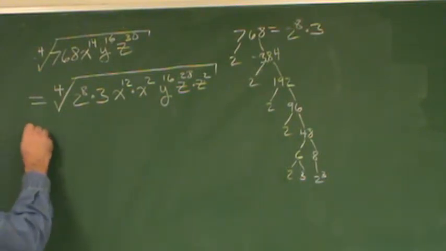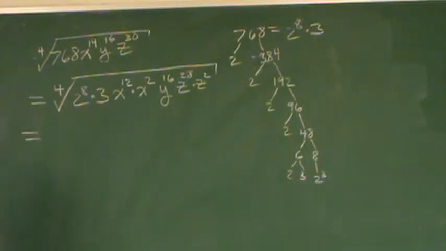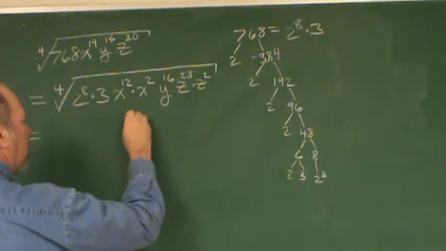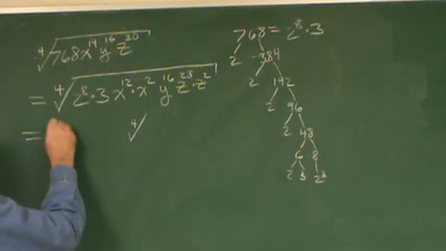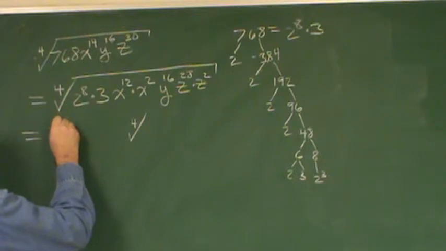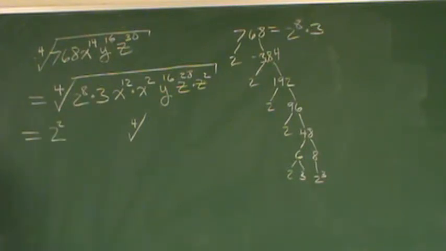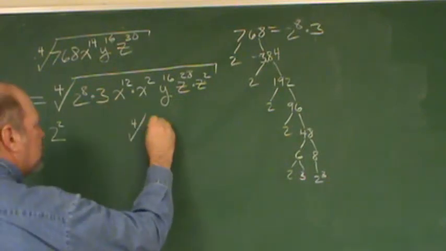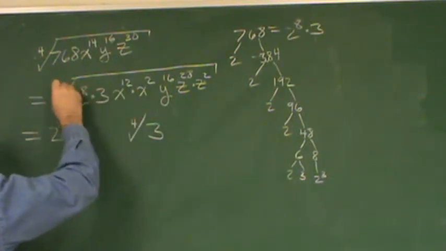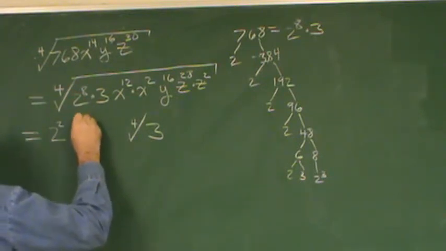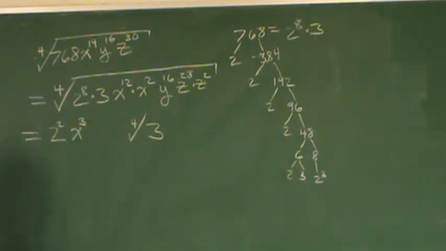Now we're ready to start making this radical symbol go away. So we're going to have the fourth root. Now 2 to the 8th. Well, 8 divided by 4 is 2. The base stays the same, so a 2 squared comes out. 3 stays in. 12. 12 divided by 4 is 3, so x cubed comes out.